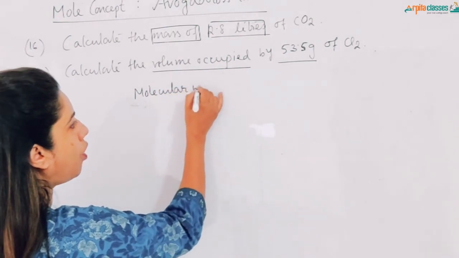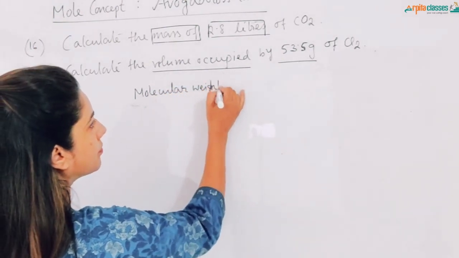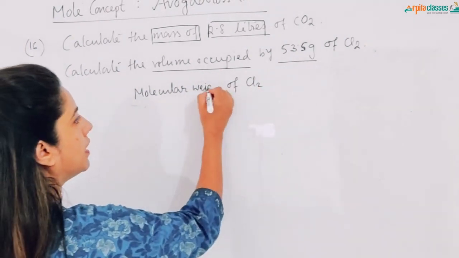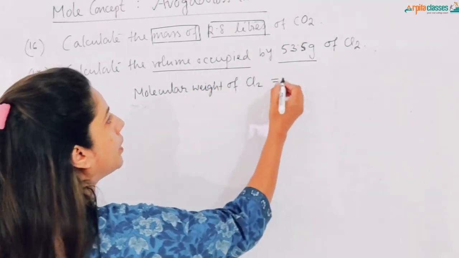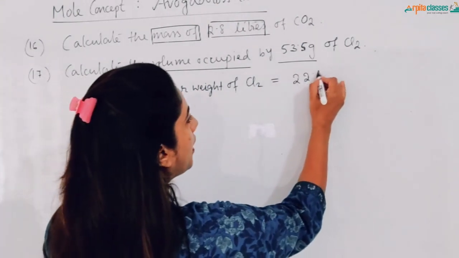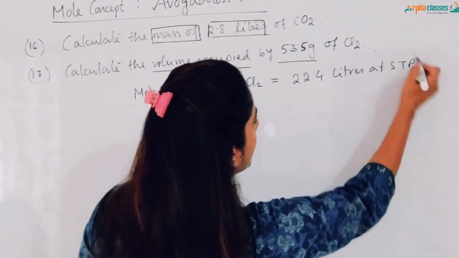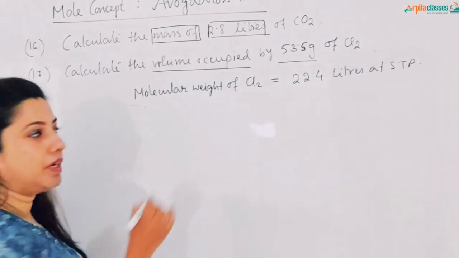Molecular weight of chlorine is equal to 22.4 liters at STP. Molecular weight of chlorine is 71 gram.